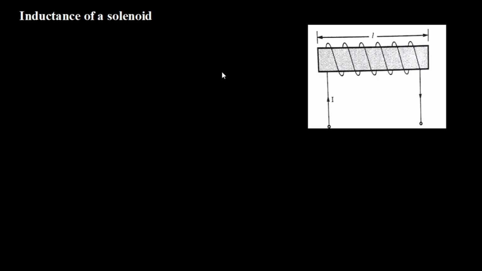The length of the solenoid is assumed to be small l, and the current flowing through it is labeled as capital I. There are many turns around this core, so we can say there are n number of turns.